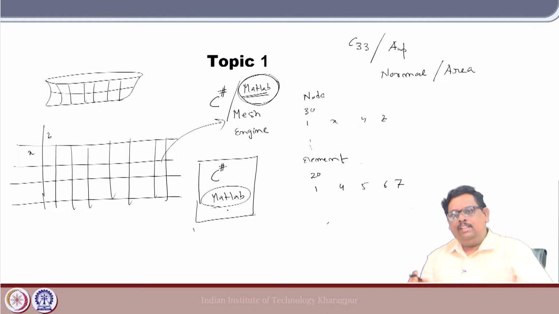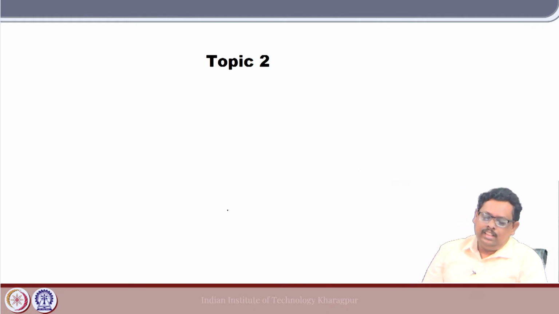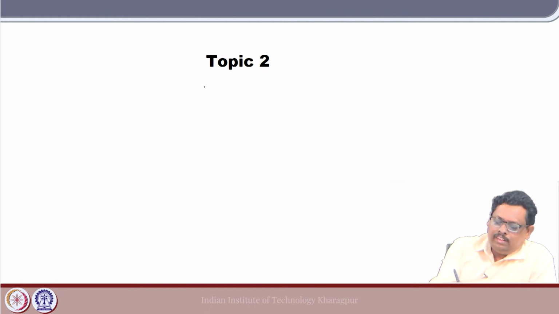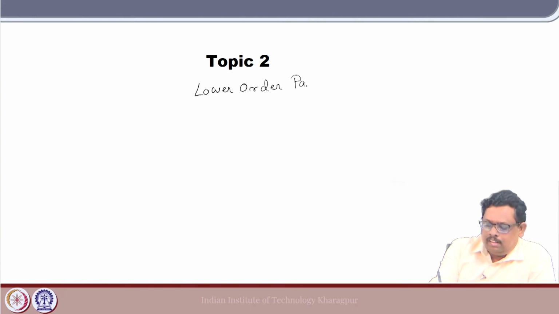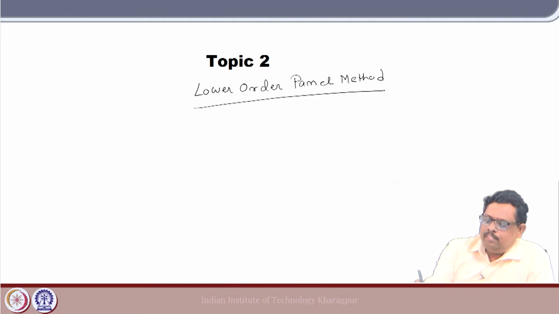Now, let us see what we learn in topic 2. All are interrelated. In topic 2, we are finding out the lower order panel method for floating body.